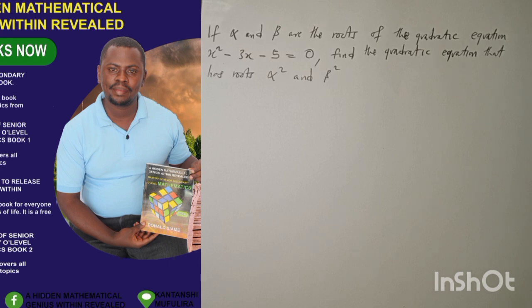Okay, so for this question, we are asked to find the quadratic equation that has roots alpha squared and beta squared.